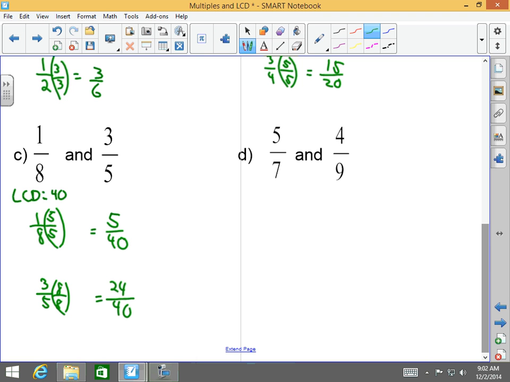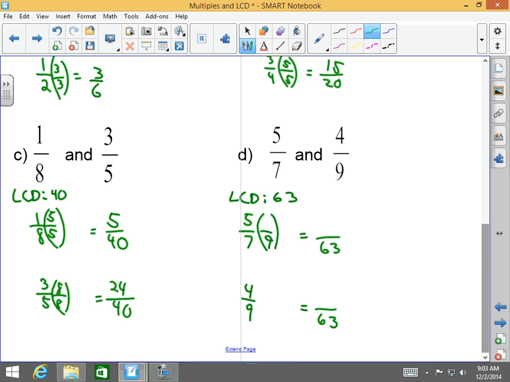For D, what is the LCD of 7 and 9? 63. Excellent, gentlemen. So I got to convert 5/7 into something over 63, and I got to convert 4/9 into something over 63. What did I multiply to 7 to get to 63? 9.